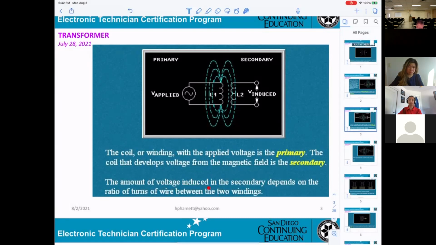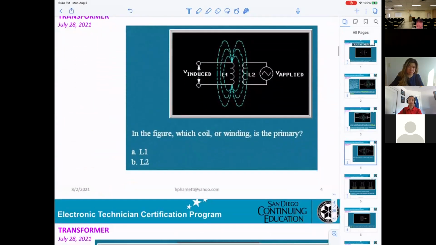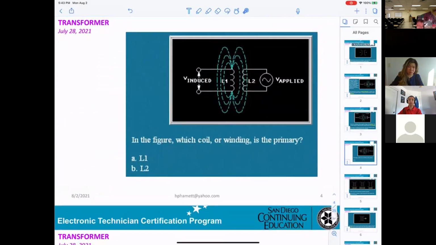The amount of voltage induced in the secondary depends on the ratio of the turns of wire between the two windings. So basically, how many turns for the first one, and how many turns for the second one. That's why you're able to do a calculation. Now, in this figure, which coil or winding is primary, L1 or L2?